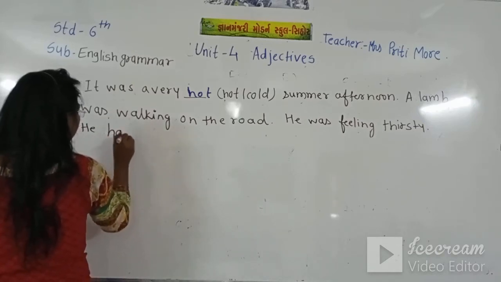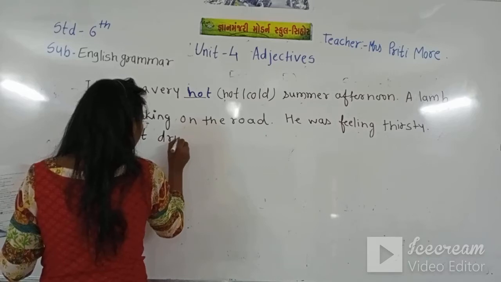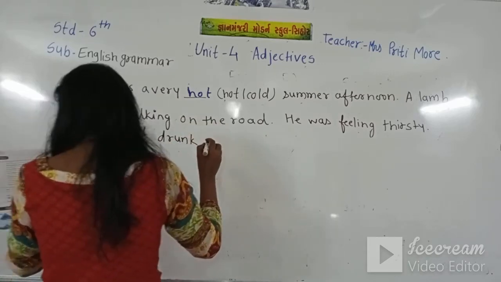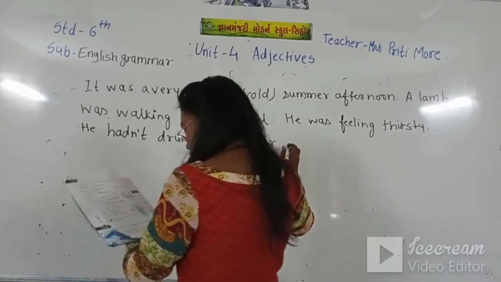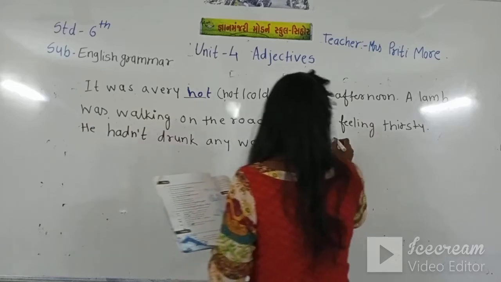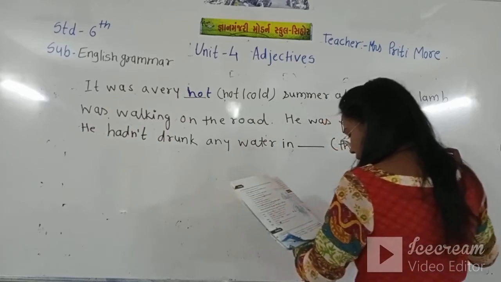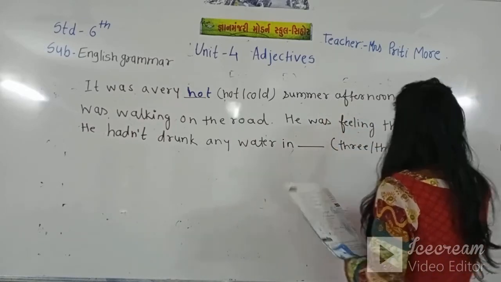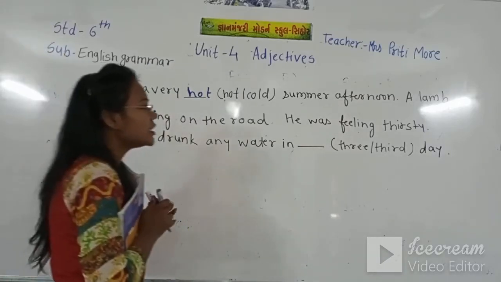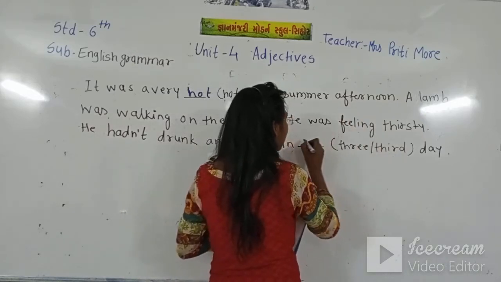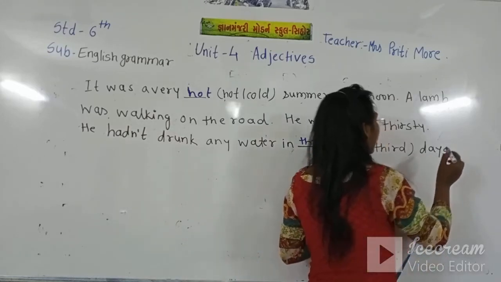Hadn't means had not drunk any water in. Now blank space: 3 and 3rd days. The lamb was very thirsty and the lamb had not drunk any water in 3 days. We cannot say the 3rd day, it is 3 days. Since 3 days the lamb had not drunk any water.